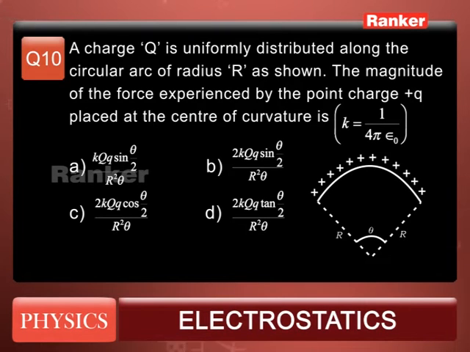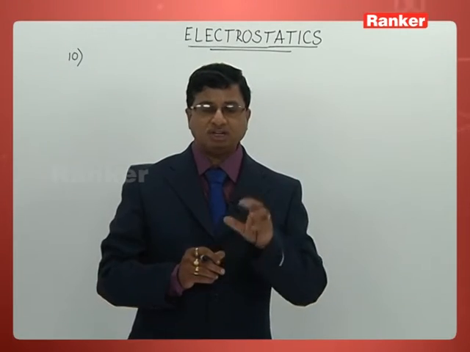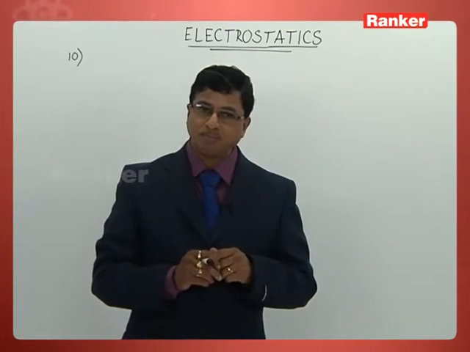And third option 2k Q q cos theta by 2 divided by r square theta. And fourth option is given 2k capital Q small q tan theta by 2 divided by r square theta. That is what has been given there.